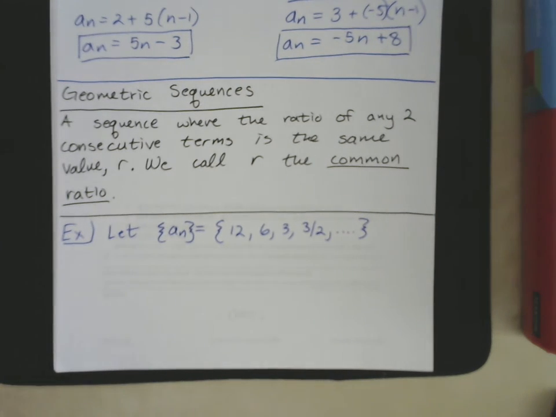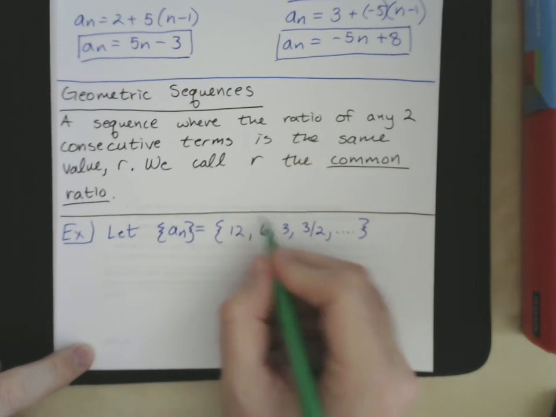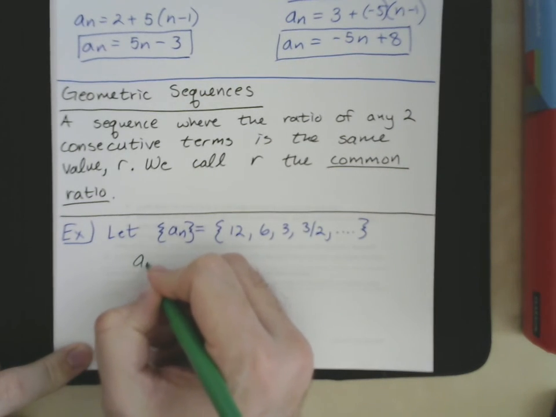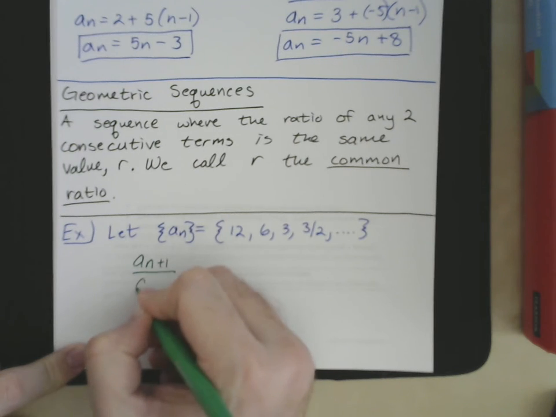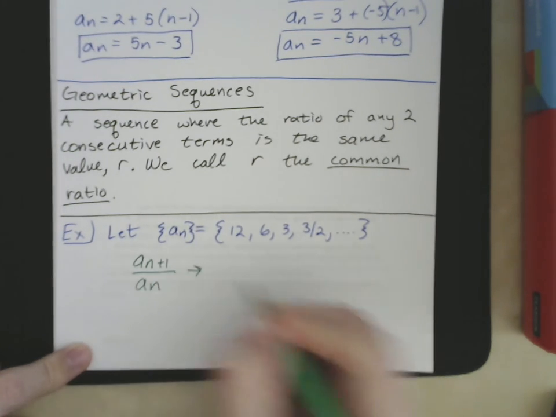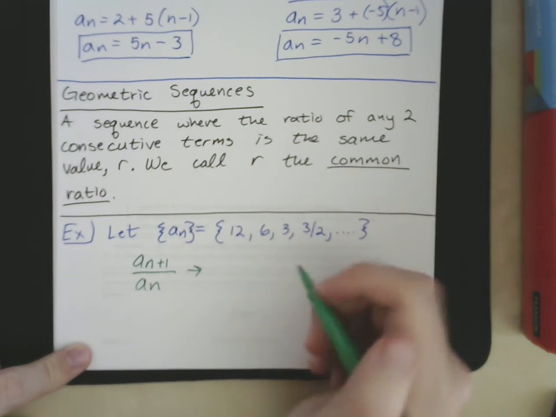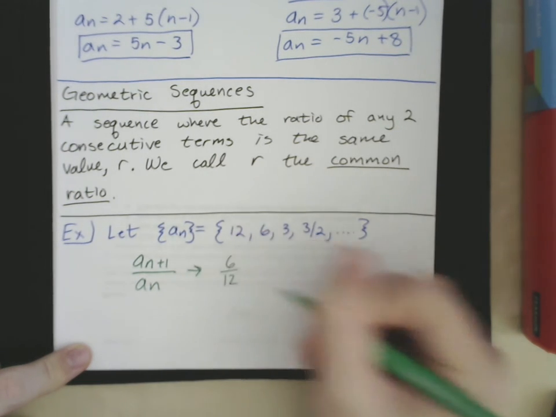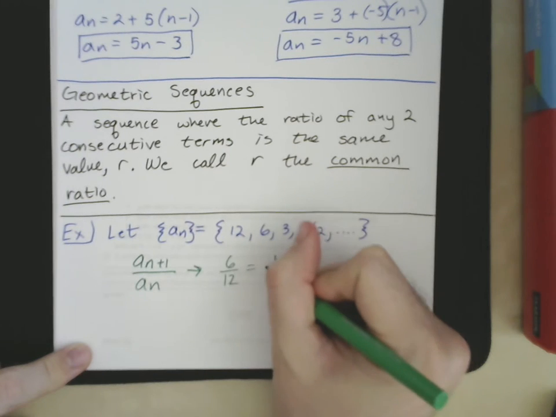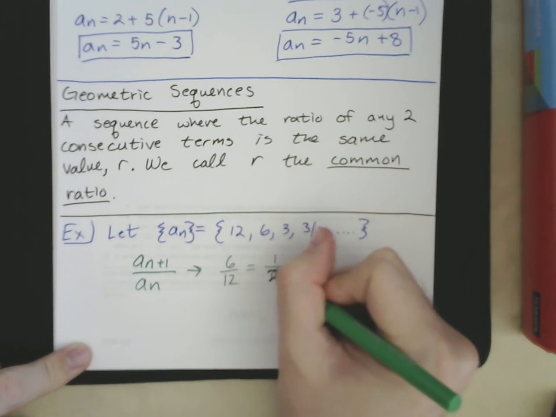So when we look at this, our common ratio, the way that we figure it out is we take a sub n plus 1 and divide by a sub n. Or in other words, we take the second term divided by the first, and this equals 1/2.